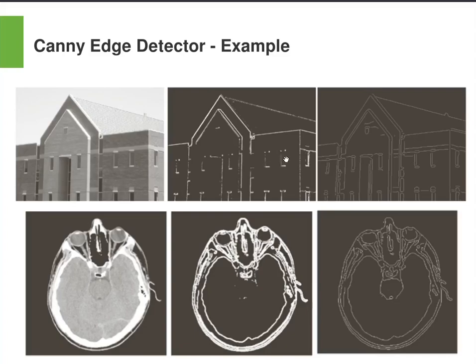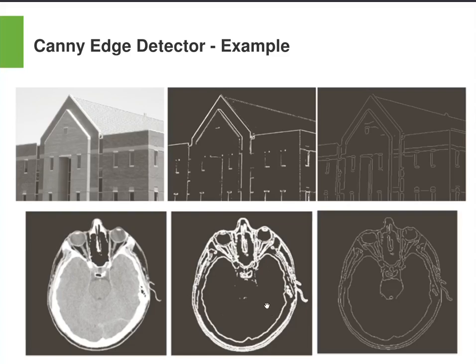In the middle we have the result of using image gradient magnitude for detecting edges, and as you can see, depending on the strength of the edge or the shape of the edge, we have edges that are different in thickness. So for example, here we have very thick edges, here the edges are even thicker. There are regions that we don't have edges. The same is true for this one as well.